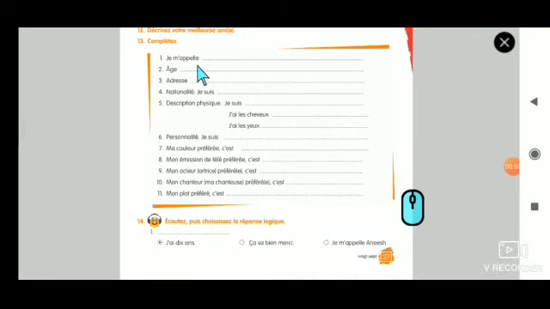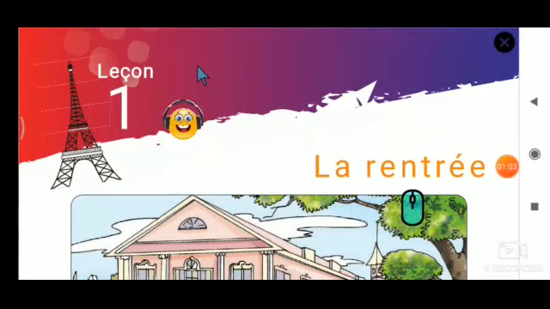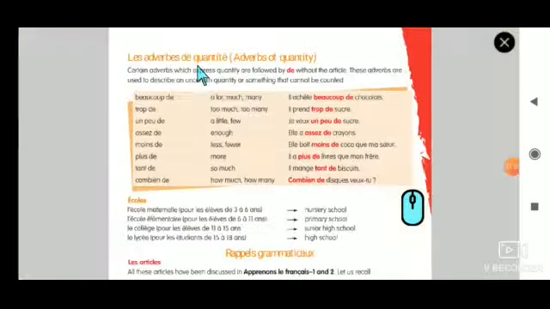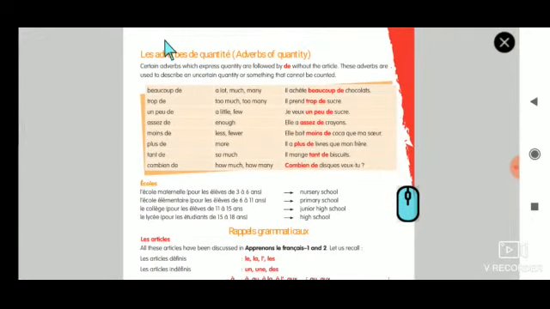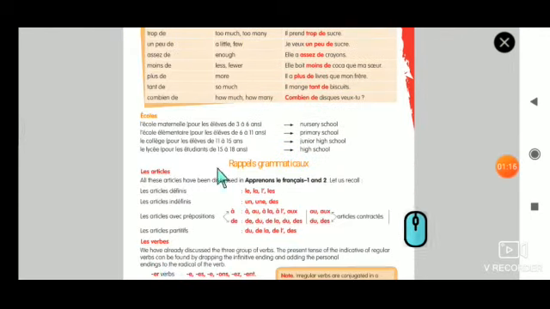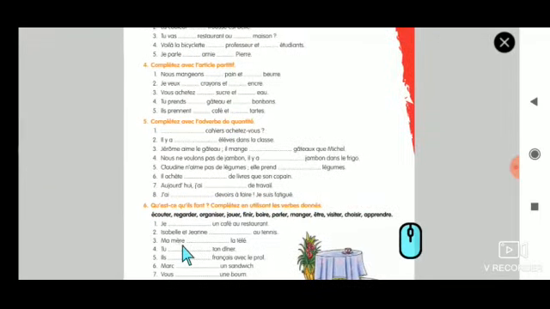Regarding lesson 1, I'll show you. Lesson 1, La rentrée. Let's see the grammar part. Adverbes de quantité, and there are les articles définis, indéfinis, avec préposition, partitif, and les verbes, which we have already seen.